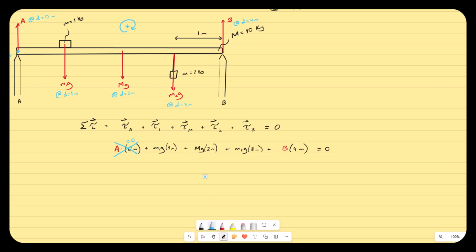I just need to decide if these are positive or negative torques. This is my axis, so I have this big long bar, and I'm going to hold on to the left side of it, as though I'm holding onto a pencil using just my left hand. I'm holding on to the end of it. Now looking at only force 1, I'm going to ignore everything else.